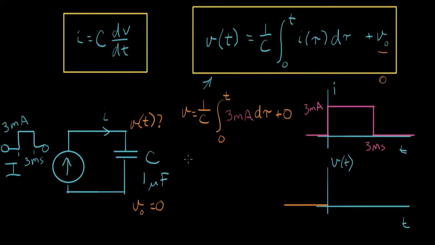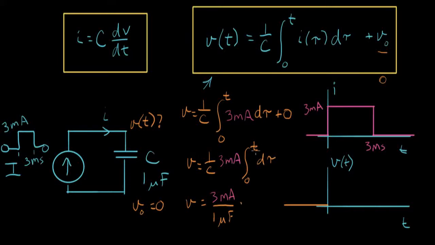So now we can solve this. V equals 1 over C times 3 milliamps, which comes out, times the integral from 0 to t of d tau. And that equals, let's plug in C this time, 3 milliamps divided by 1 microfarad times, what does this evaluate to?